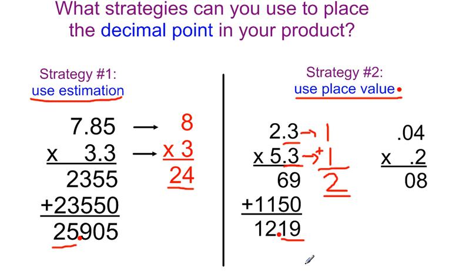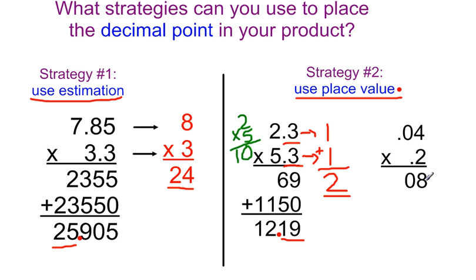Hey, you can even use estimation in this case to double check that you're right. 2 and 3/10 would estimate to 2. 5 and 3/10 would estimate to 5. And I would get an estimated product of 10. And I can double check this strategy as well. 10 I know is close to 12, so that's definitely a reasonable product, and I've double checked my work.